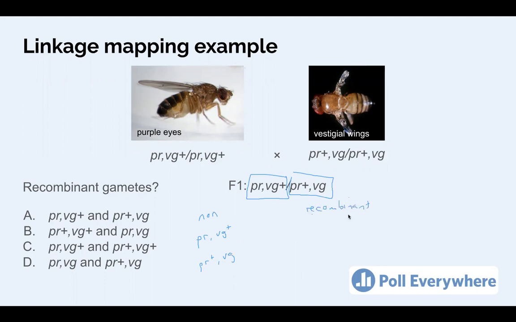And the recombinant gametes would be PR with VG or PR plus with VG plus. So if crossing over happened at some place between them, that would combine PR with VG or PR plus with VG plus.